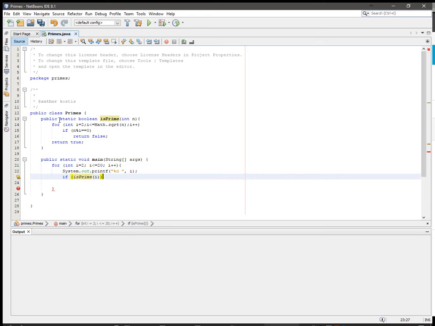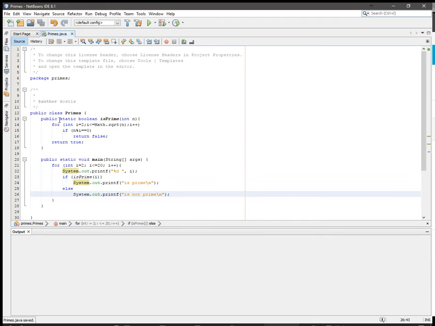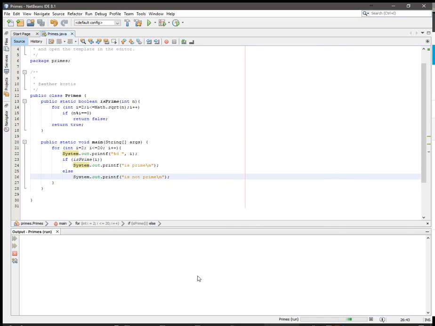If i is prime, then I will also print out that it is prime, \n, and if not, I will print out that it is not a prime. So let's see, have I written this code right? I will run this. Let's run it and see what happens.